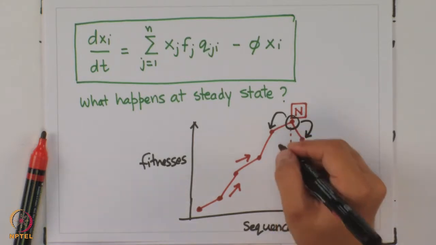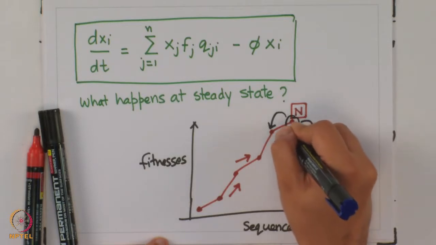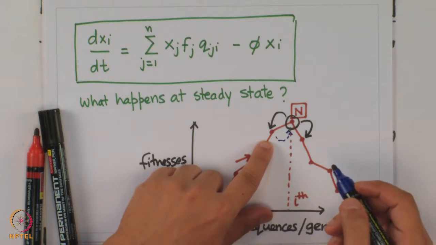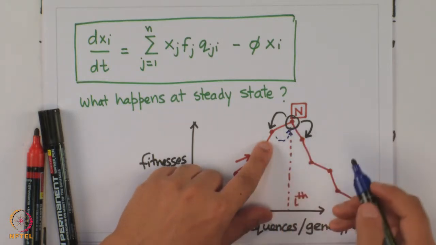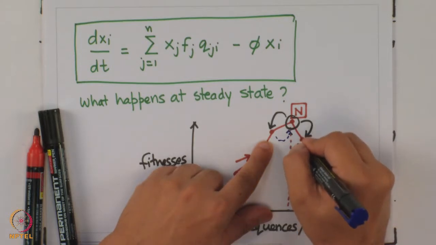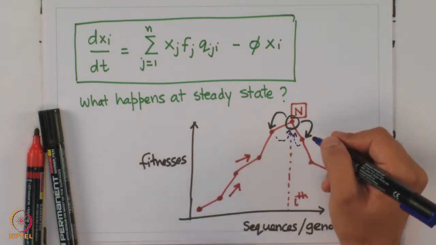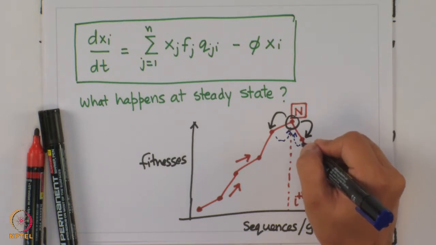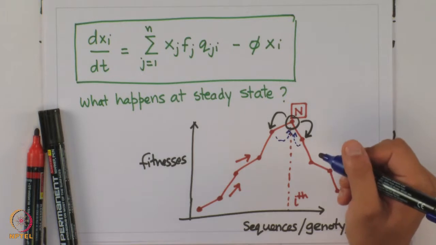The other genotypes also mutate back into the fittest genotype, that is true, but because there are no individuals to begin with at those genotypes, there are no individuals mutating into it. Similarly, this arrow does not contribute towards any mutational events, because selection has ensured there are no individuals at this sequence.